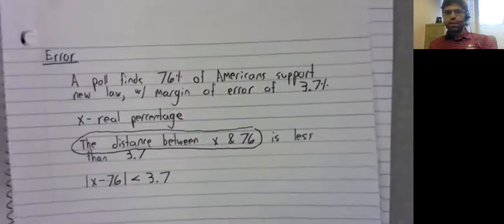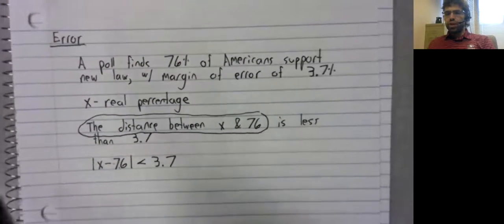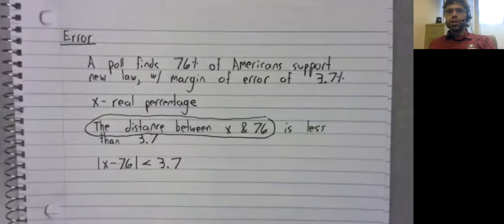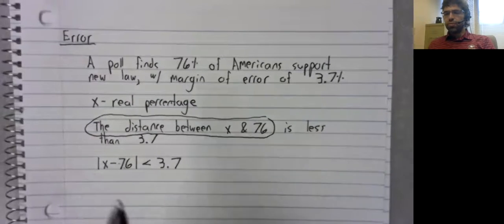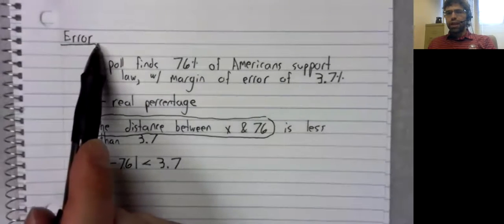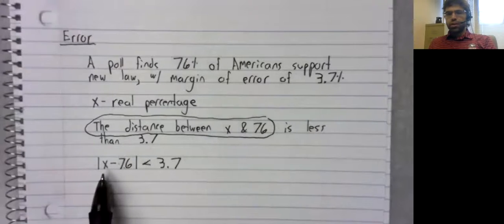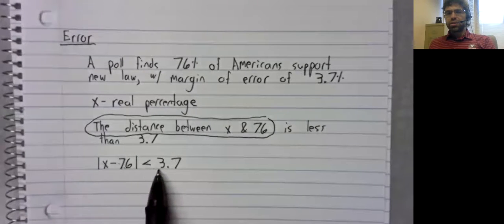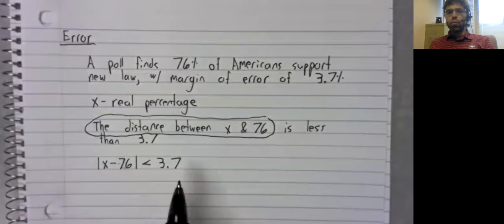In this video, we're going to solve some inequalities involving absolute values. Our ambitions here are modest. We've said that the main place we see absolute value inequalities, at least, is when we're working with error, and the inequalities we get are of this form.